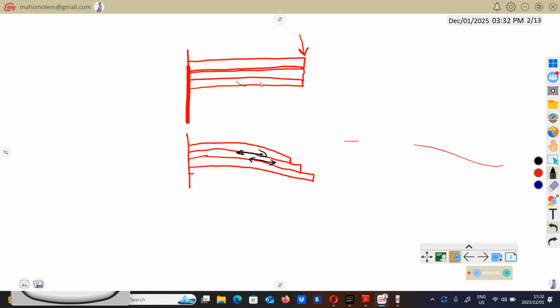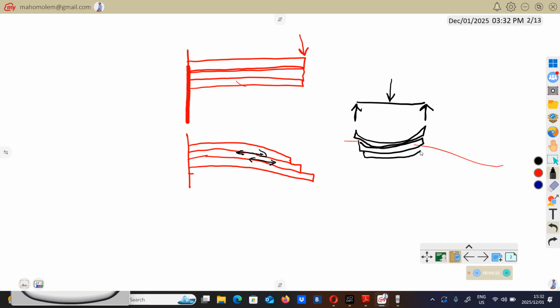As you put the load on this beam, whether it's a cantilever beam or a simply supported beam, like this is a simply supported beam, if you put the load there, we expect this beam to bend like this. If you put your rulers like that, they will go like that.